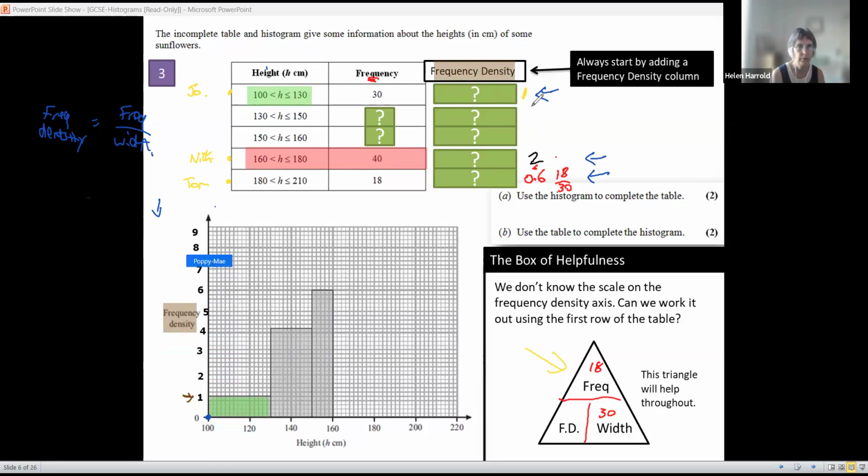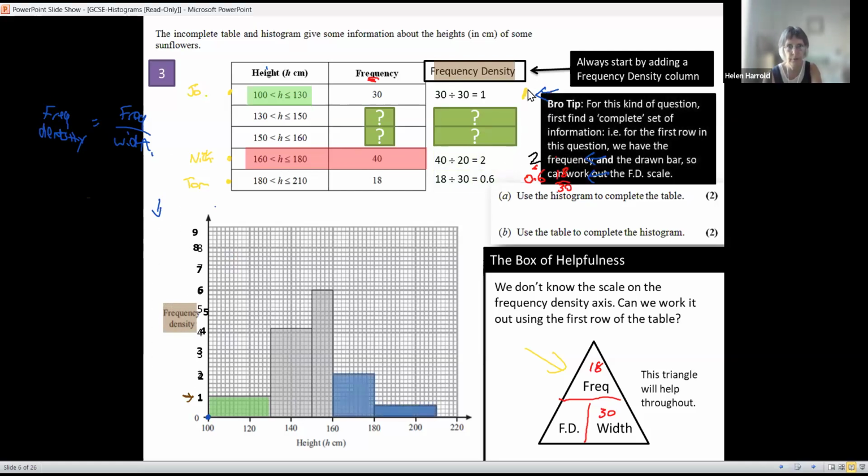We've just figured that out. And then we figured out that this one here was 2 and this one here was 0.6. So the red one here is 2, which is this one here, and it goes up to 2, and this one here is 0.6.